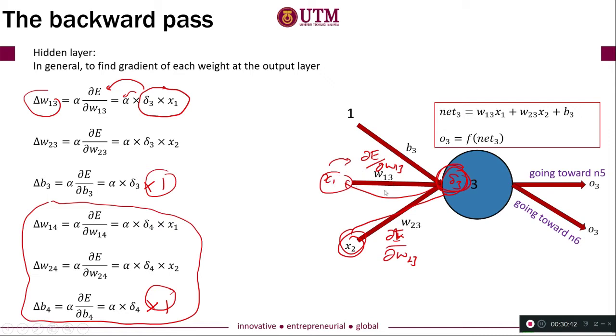It's x1, and it's going towards node 3. Node 3 is related to delta 3. So to find this component, multiply this one and this one, then you get this one. To find this component, multiply this one and this one. It's very common. It also happens at the output layer that we have discussed before. Multiply between this one and this one, you get the gradient at that parameter.